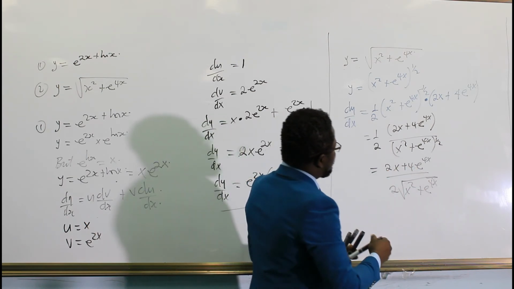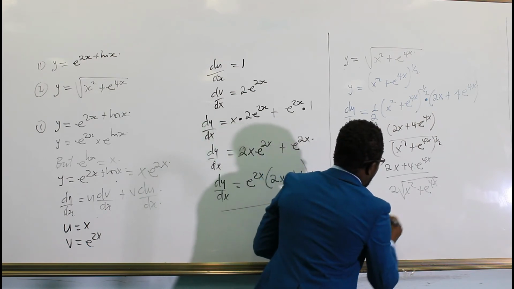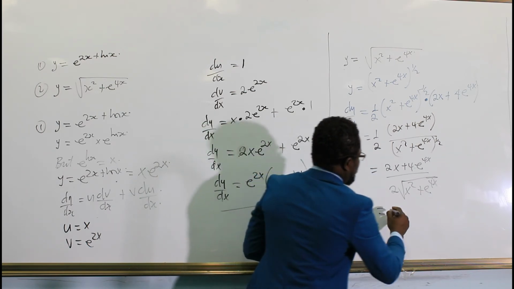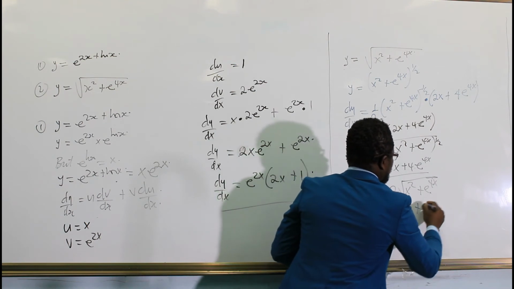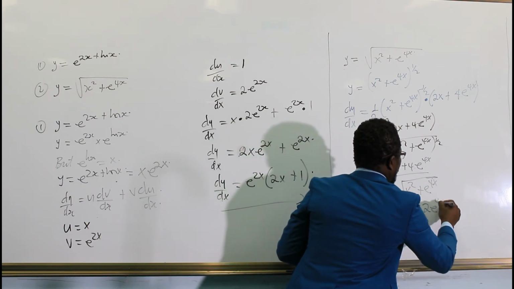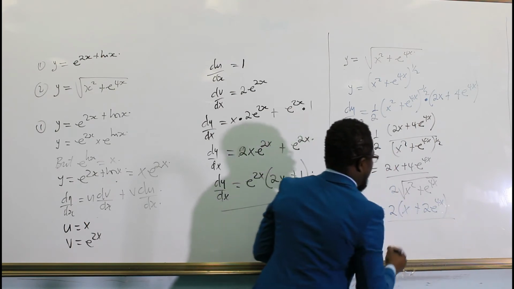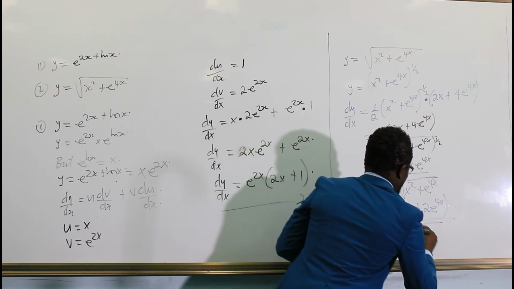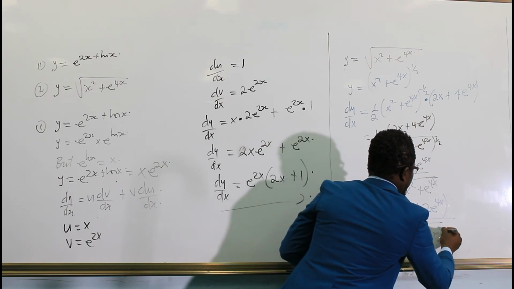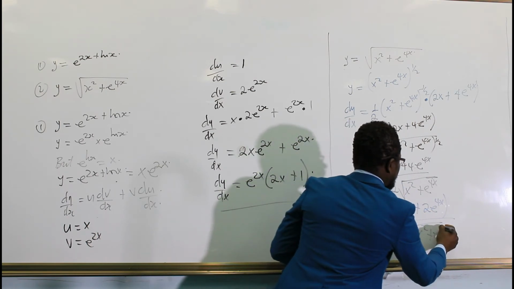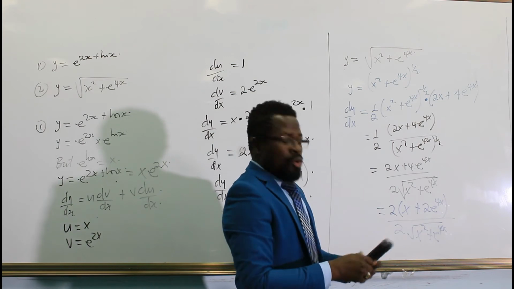Factoring out 2, we have x plus 2e exponent 4x, divided by 2 times the square root of x squared plus e exponent 4x.